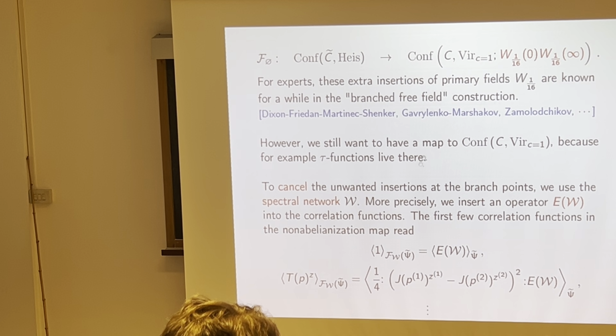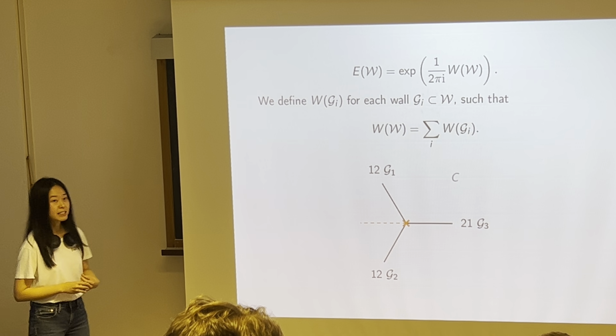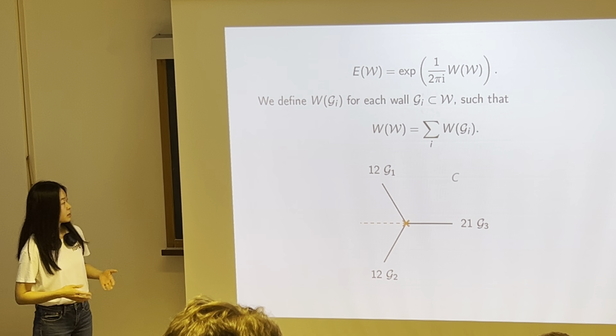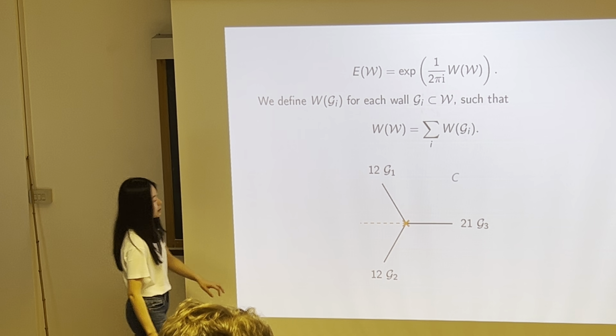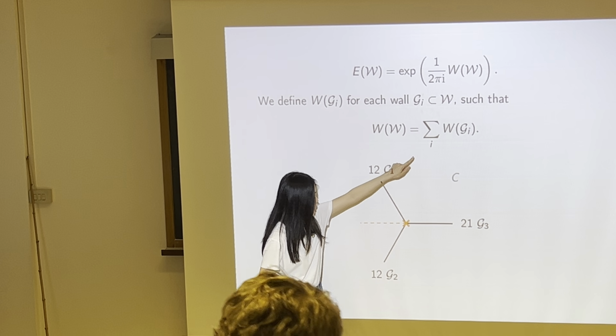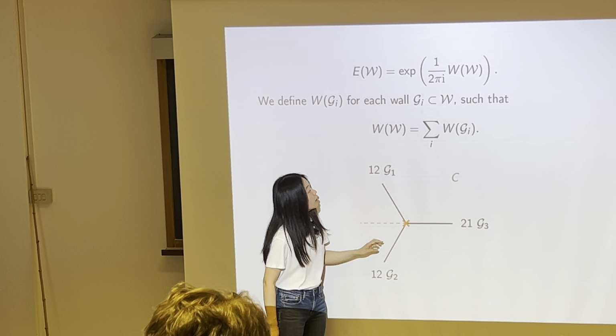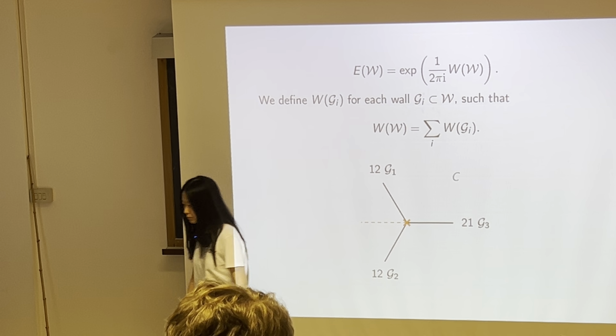And now I want to tell you what this operator E_W is. It is the exponential of 1/(2 pi i) times another operator W for this spectral network. And the spectral network is a union of walls. So this W can actually be expressed as a summation over W_j applying to each single wall.